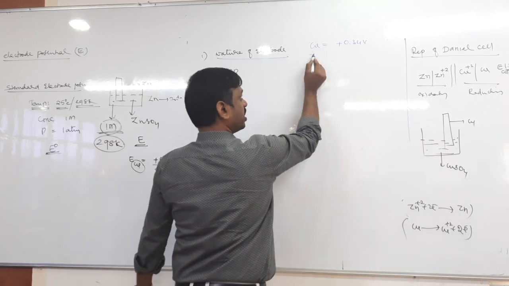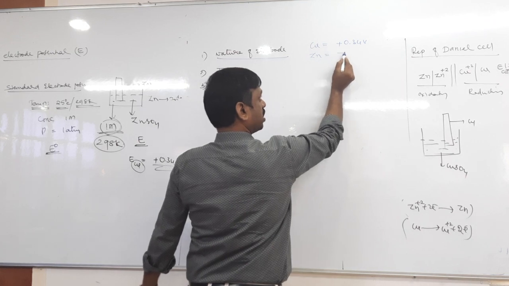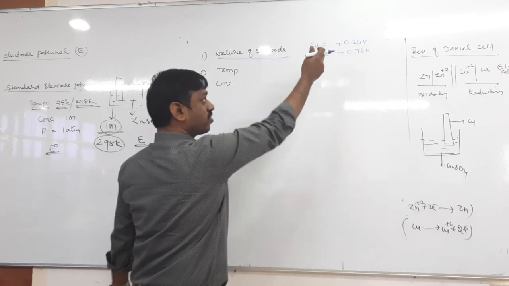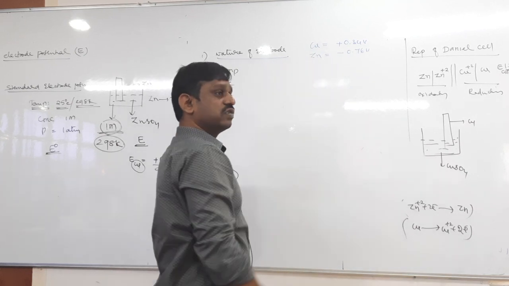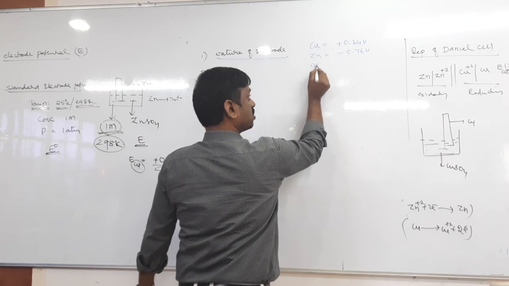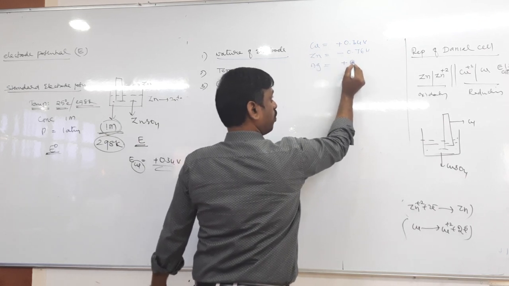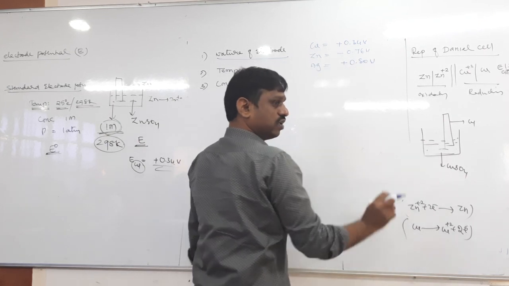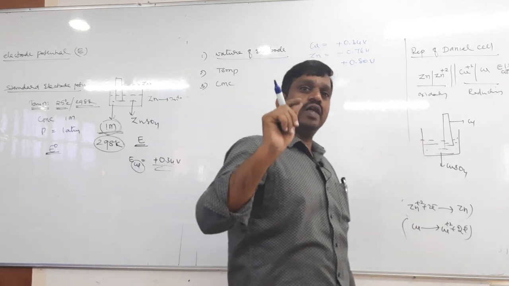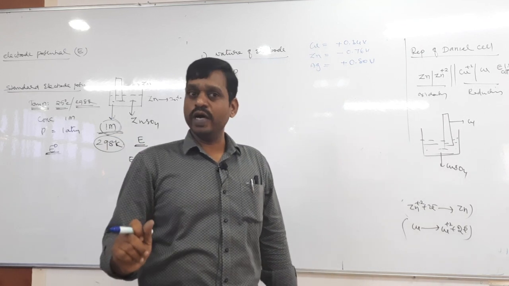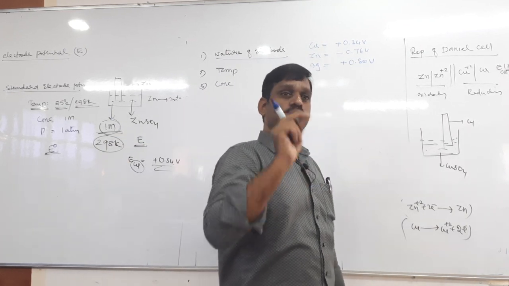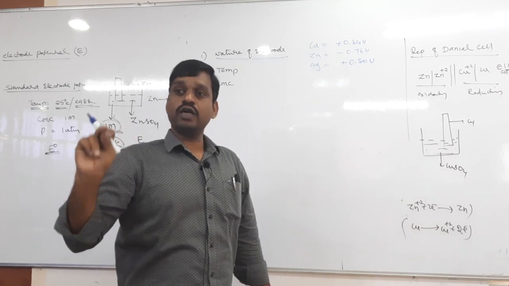The SRP of zinc is minus 0.76 volt, and the SRP of silver is plus 0.80 volt. It means different metals have different electrode potentials, different SRP values. It is decided by the nature of metal or nature of electrode.